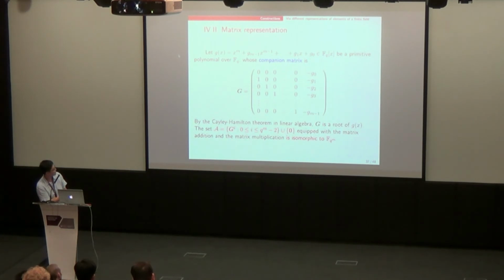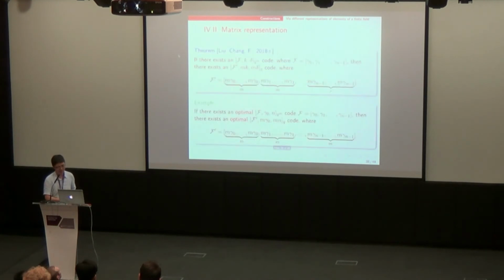Then this set, equipped with matrix addition and matrix multiplication, is isomorphic to F_{q^m}. So each element in F_{q^m} can be represented by an m by m matrix, so each dot can be replaced by an m by m matrix. That's the basic idea, so we write it in the following form and omit the details.